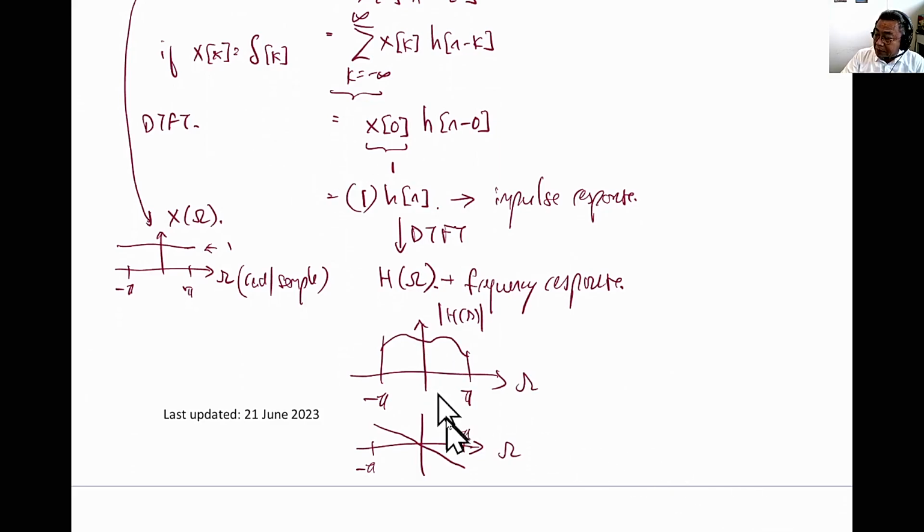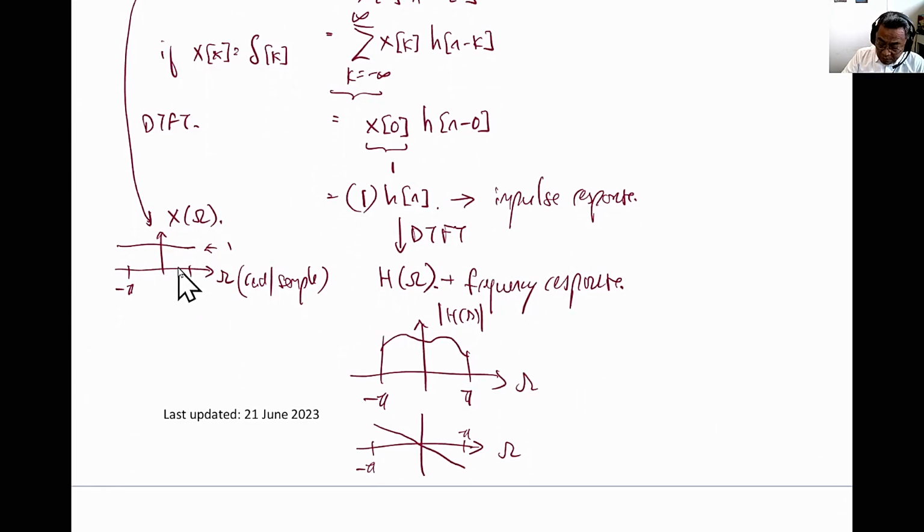Then basically what this frequency response tells us is how the magnitude and the phase will change with respect to this input. That is why the name is called frequency response.